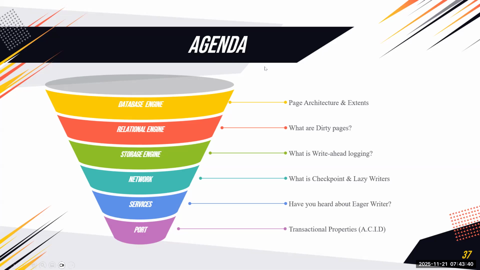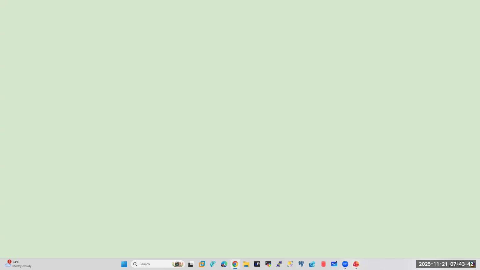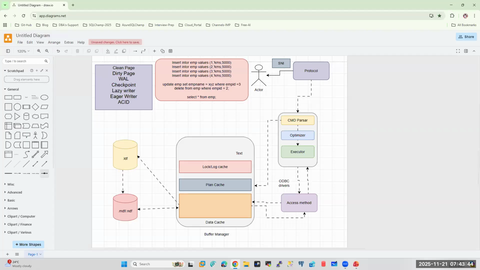Now let's go to our presentation. Today we are discussing clean page, dirty page, WAL meaning write ahead logging, checkpoint, lazy writer, eager writer, ACID properties.